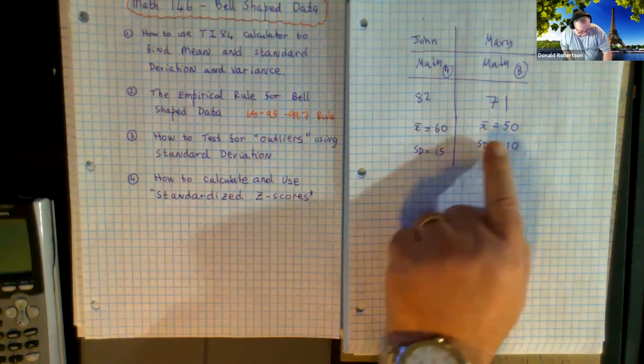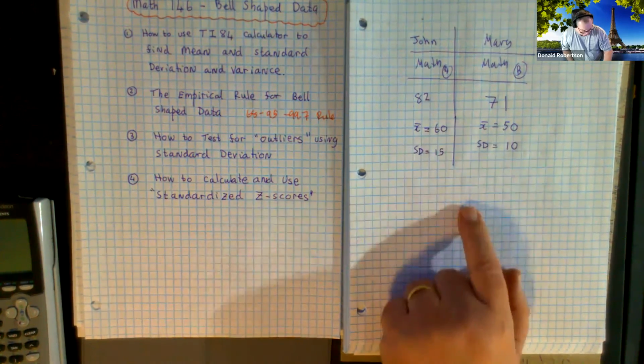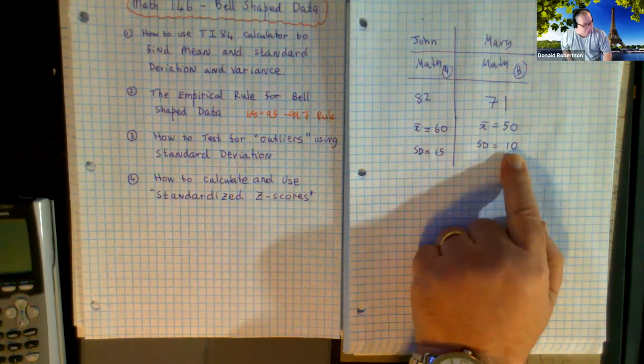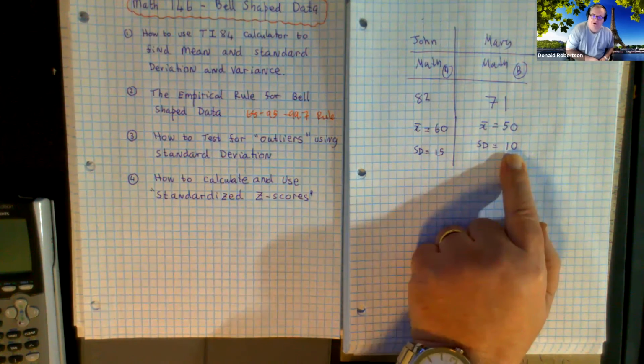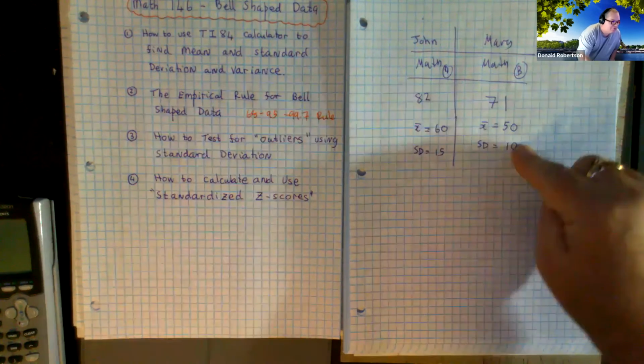Now, when you look at the 2 classes, would you agree Mary was in a class where it's a lot harder to get a good score? Look at the average. Would you also agree that Mary was in a class where there wasn't as much variation, right? That's smaller. And so she says, it's harder for me to get 71 in this class than it is for you to get 82 in your class.